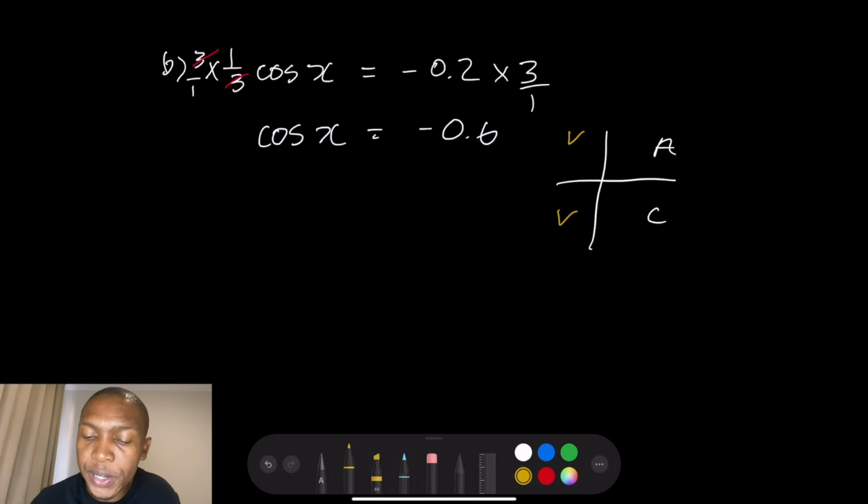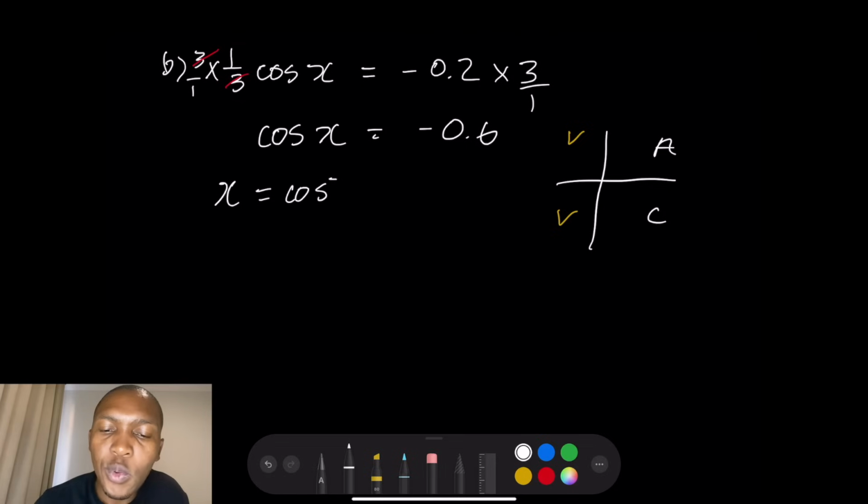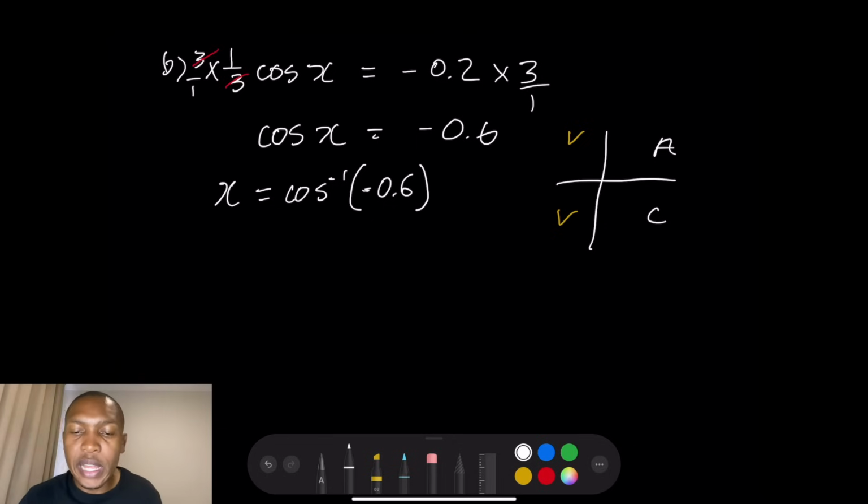We're going to find the reference angle first. So let's find the value of x. So now x would be the arc cos, once again, of negative 0.6. All right, let's find that answer quickly.